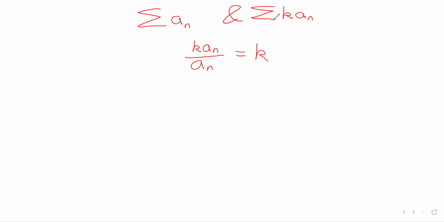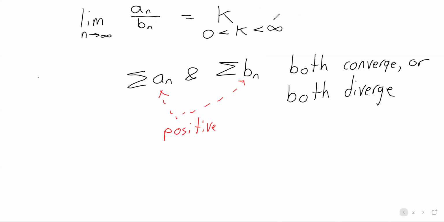If this quotient is equal to k exactly, then we're in this situation and they either both converge or both diverge. We can strengthen this so that they don't have to be equal to k, they just have to approach k. And hence the limit in this test.